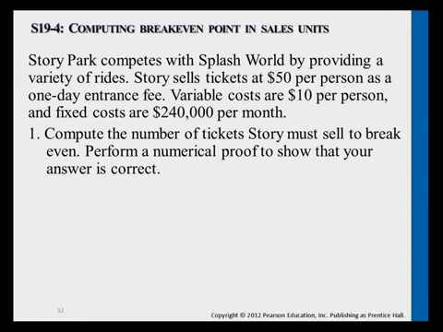So I'm going to take my variable cost, which is going to be what? 6,000 multiplied by 10, right? And then I'm going to take also 6,000 and multiply by the sales price, right? And that's going to be 300,000.